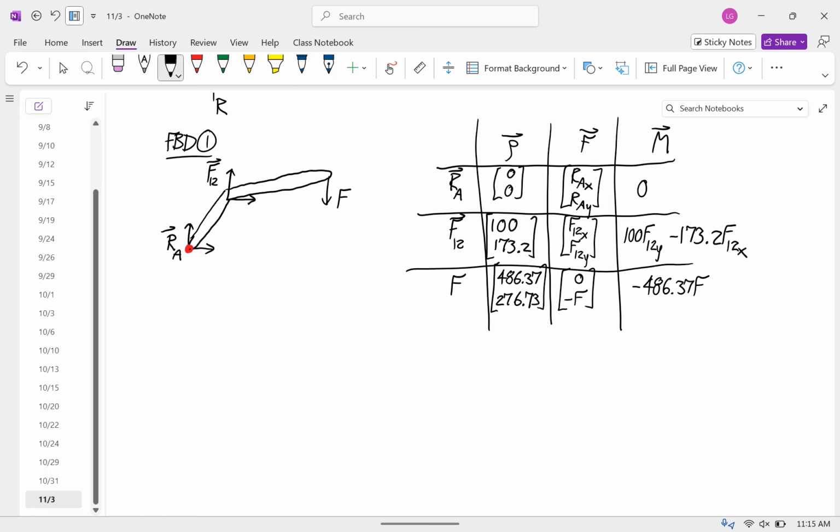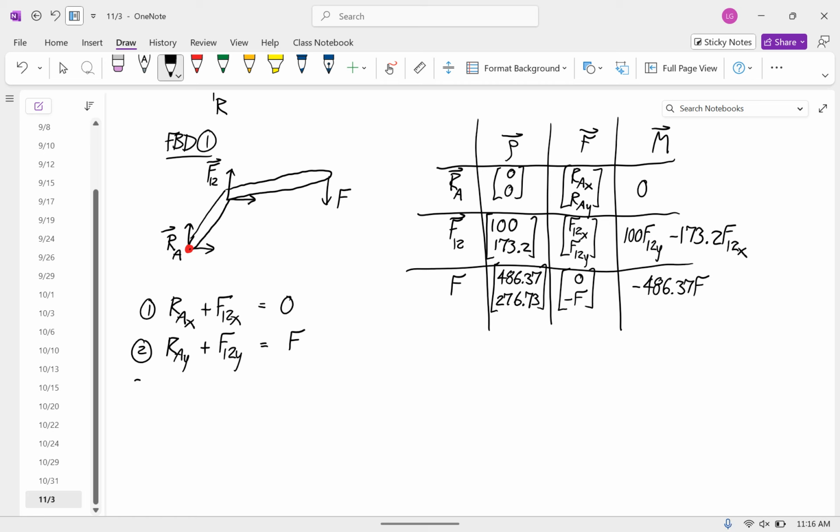And so the first three equations are RAx plus F12x is equal to 0. The second equation says RAy plus F12y is equal to F. Remember that F is not a variable, so I'm going to put that over like it's a constant.